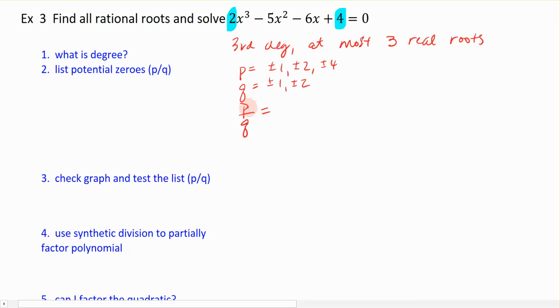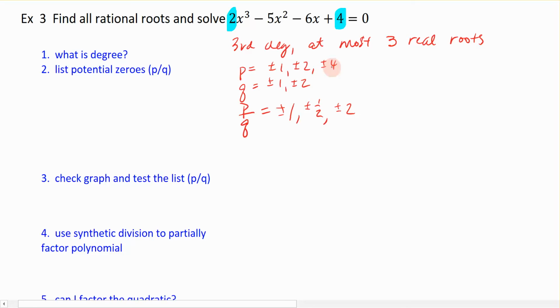So we come up with the ratio of all my P terms divided by each of the Q terms. So this is going to be plus or minus 1 over 1, which is just 1, 1 over 2, which would be 1/2. Then we start over. 2 over 1 is just 2, and 2 over 2 is 1, which we already have represented.